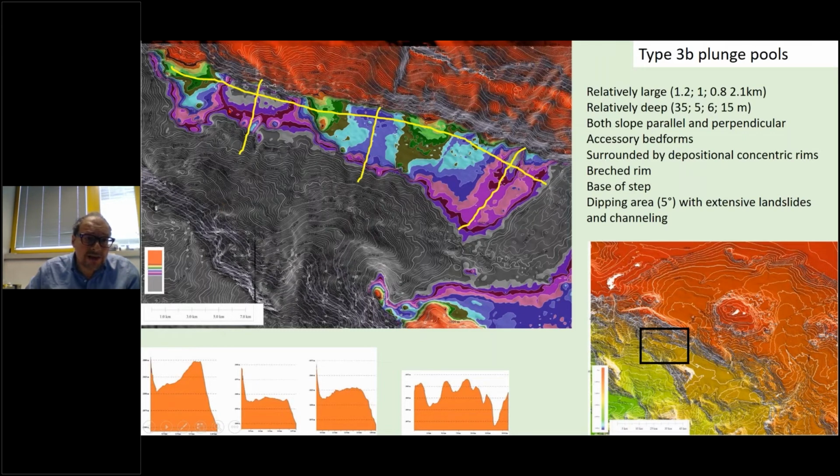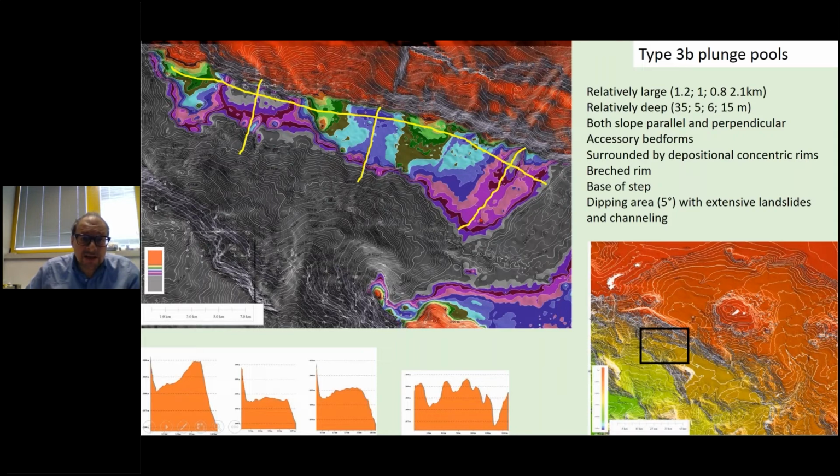But still, you see that in the proximity of the plunge pool, you have this depositional area highlighted by this yellow and green color. And you see that this is the longitudinal profile along this series of plunge pools, which are this one. And you see that we have the plunge pool and this depositional area.